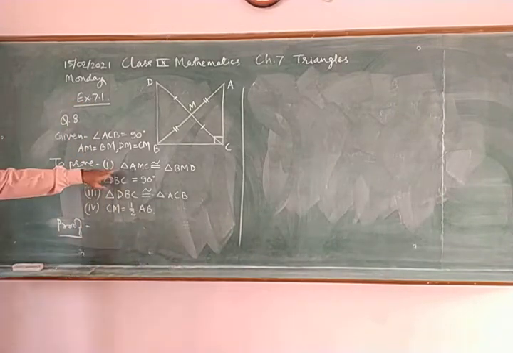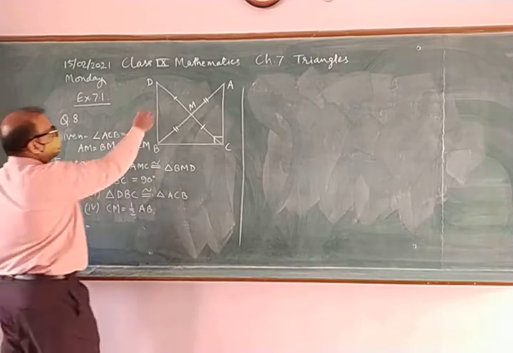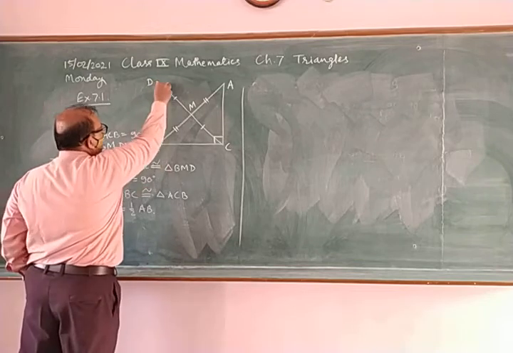Number 1: triangle AMC is congruent to triangle BMD. These are the triangles.